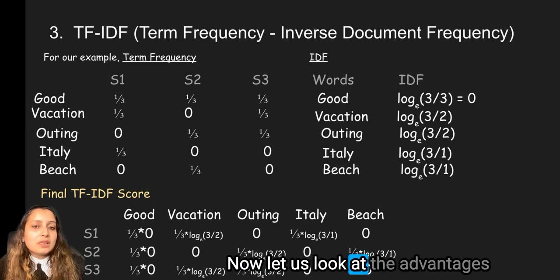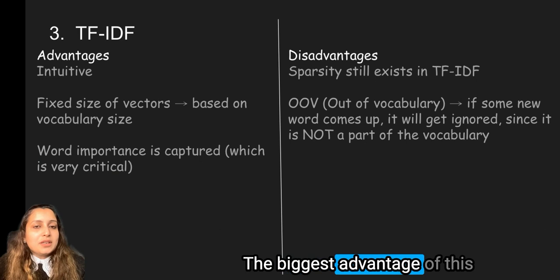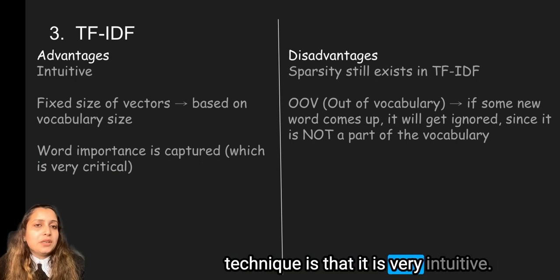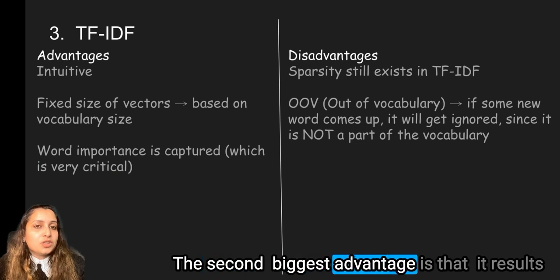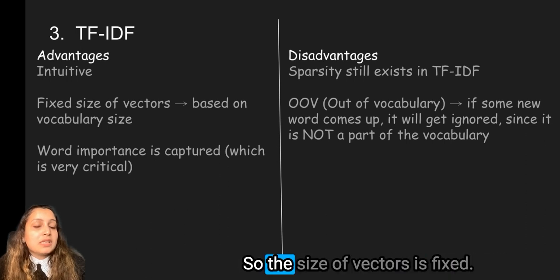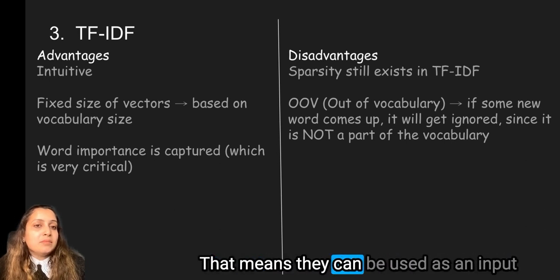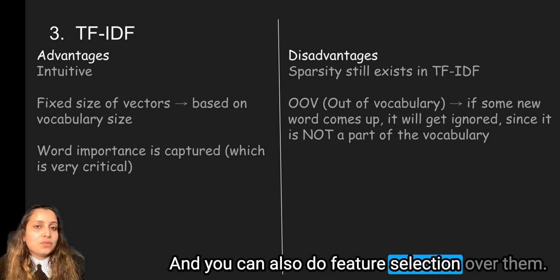Now let us look at the advantages and disadvantages of TF-IDF. The biggest advantage of this technique is that it is very intuitive and easier to implement. The second biggest advantage is that it results in a fixed size of vectors based on vocabulary size. That means they can be used as an input for any kind of machine learning algorithm, and you can also do feature selection over them.